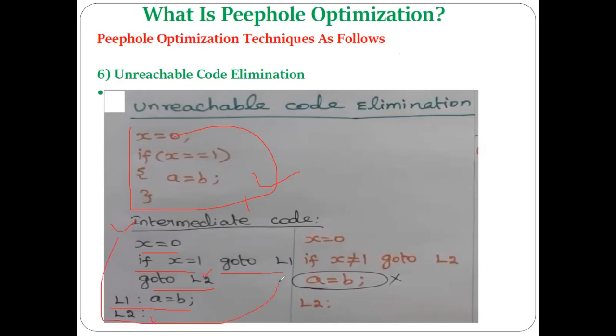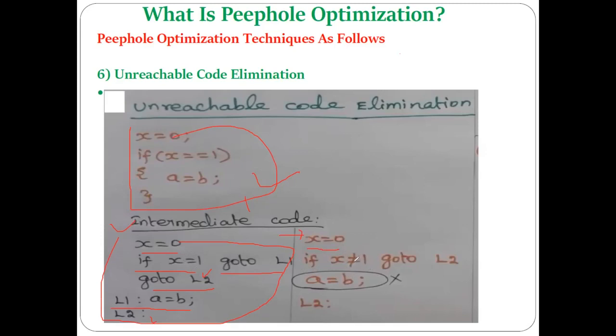So for this kind of intermediate code, we can also optimize. Here you mention x equal to 0. Now instead of writing x equal to 1, here we'll write x not equal to 1, because if x is not equal to 1, you can directly go to L2. Understood?